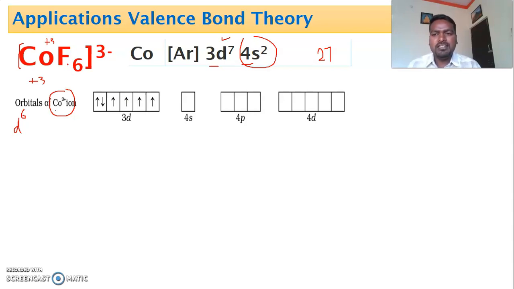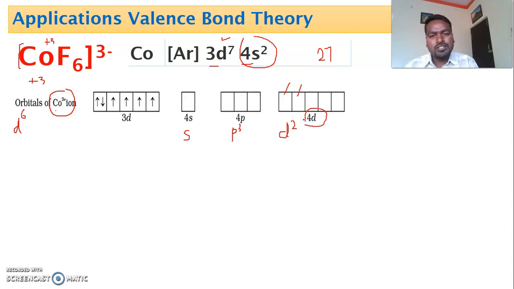Next, you just observe this fluorine. The one important thing here is that fluorine is a weak ligand. It does not have the force to pair these unpaired electrons. It does not force these unpaired electrons to pair up. As a result, these electrons remain as such. As a result, it is going to occupy the next 6 orbitals, that is 1 4s orbital, 3 4p orbitals and 2 4d orbitals. Here it is going to choose outer orbitals.